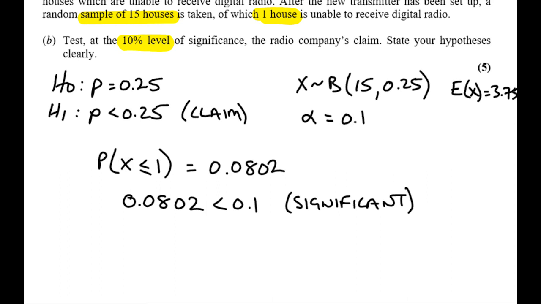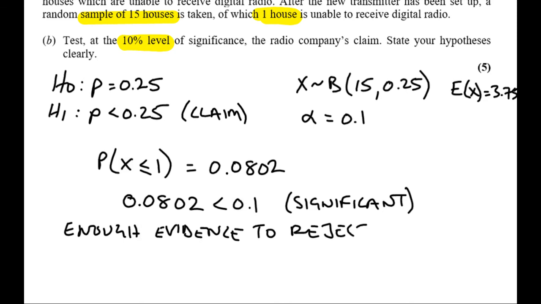With the result being significant, that leads to us wanting to reject H0. So I have enough evidence to reject H0. And that is my mathematical conclusion.